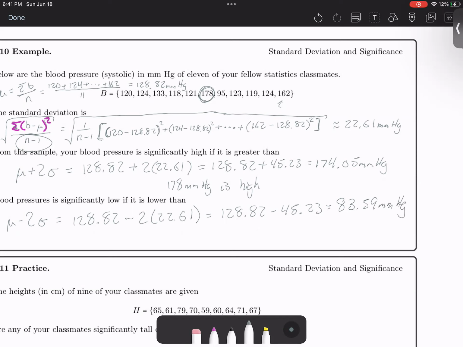So let's see if any students have a significantly low systolic blood pressure. From our data set, it doesn't look like there's a student below 83. It seems like the lowest is 95 right there. So there are no significantly low blood pressures in our sample.